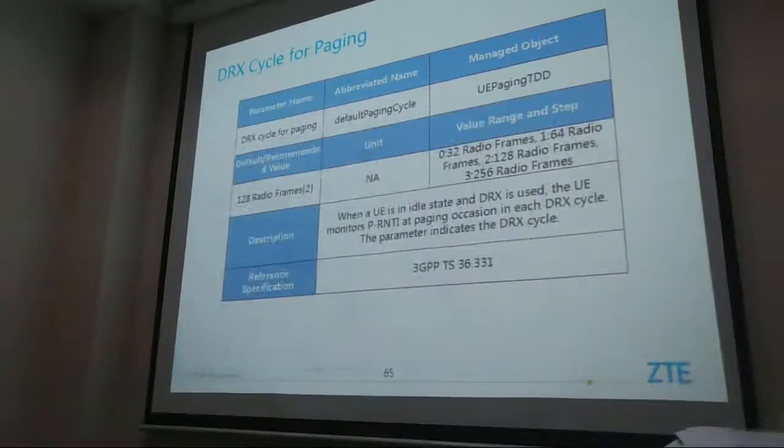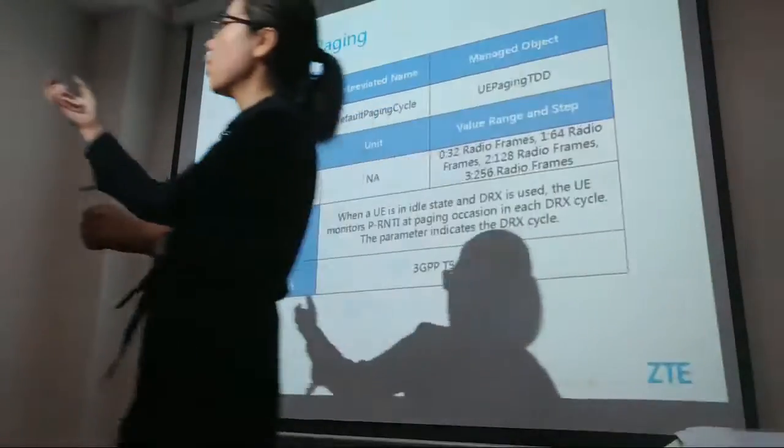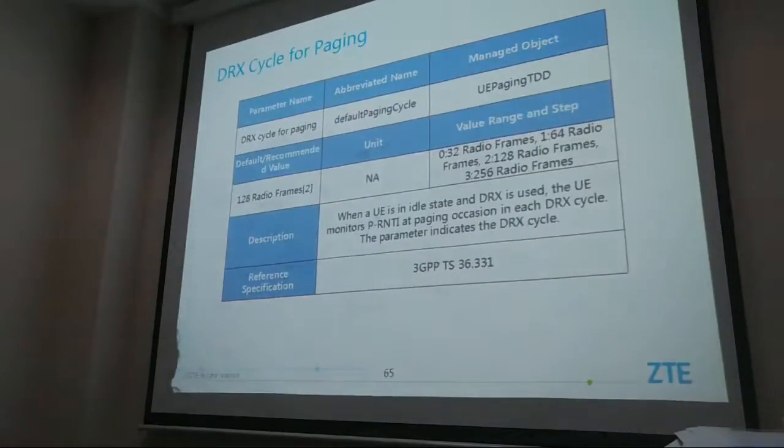And for the cycle, we will set 64 or 128. This value, the cycle, will affect the UE. If you set this value too large, that means the UE will wait a long time. If there is a paging for this UE, the UE should wait for this paging occurrence.